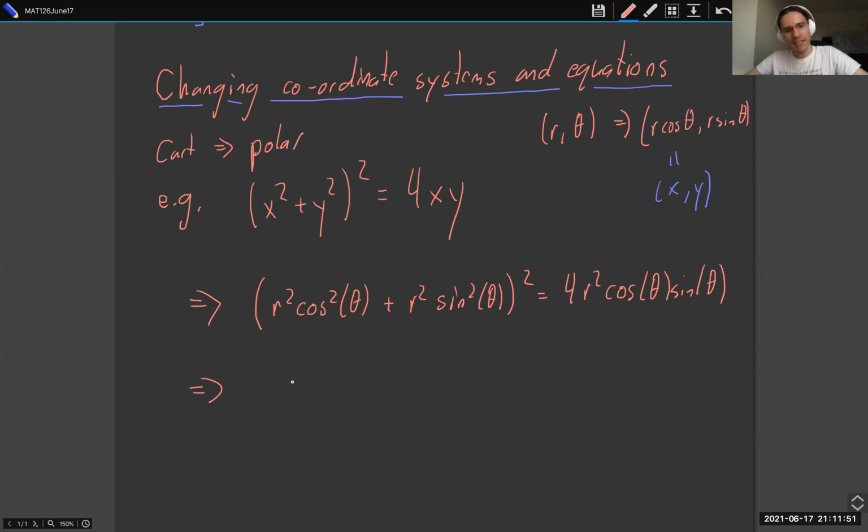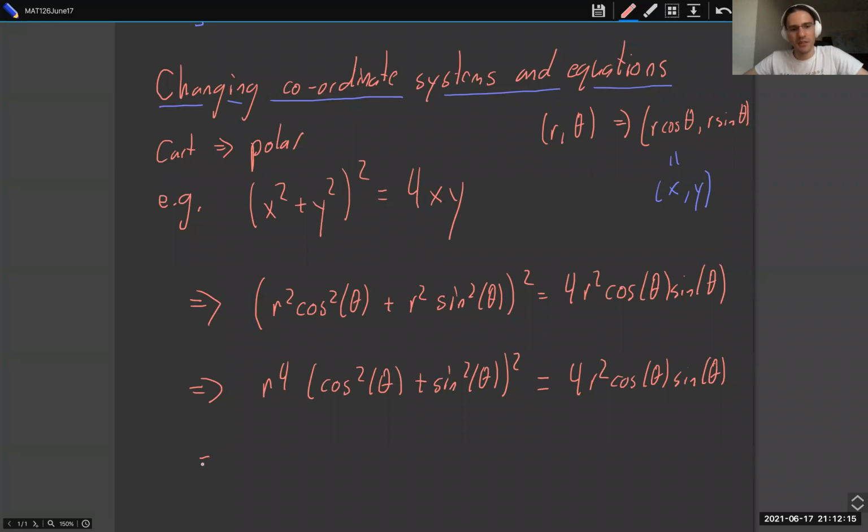Well, I could write this as R to the fourth times cosine squared theta plus sine squared theta, because there's a square outside. And what can I rewrite that as? What does cosine squared plus sine squared equal?